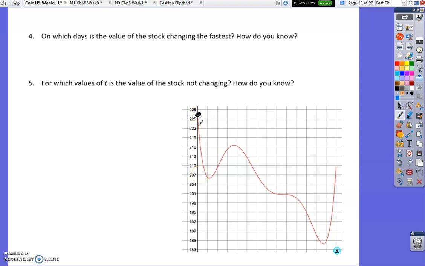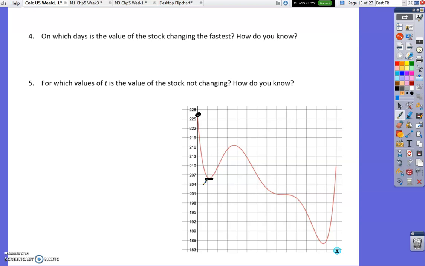We went from around probably 226 or 7 down to 320. So we dropped almost more than $20, in whatever the units are going this way, but more than 20 points in one day.